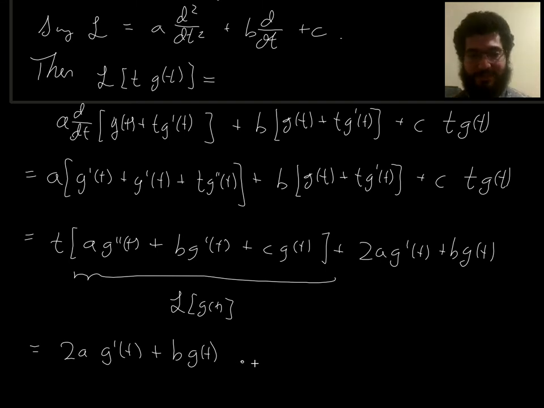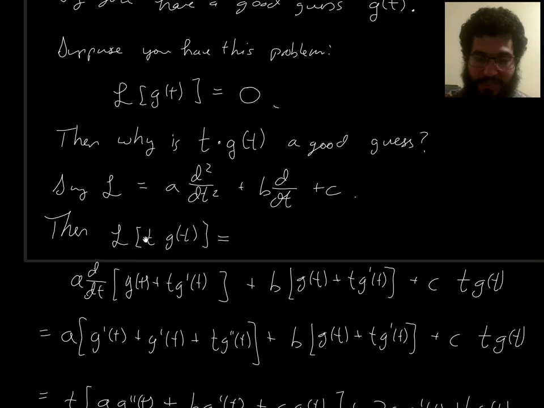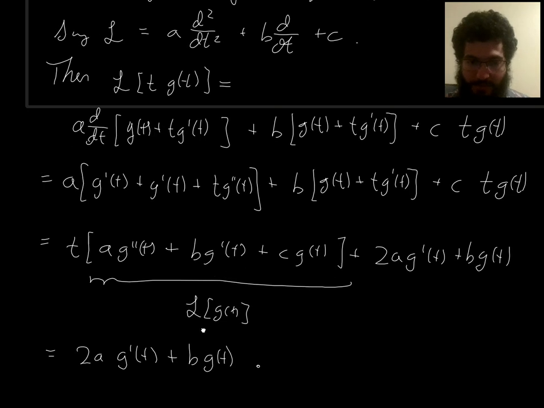This is really good. So, okay, I mean, it could be that this is also 0, in which case you would have to iterate the procedure and continue multiplying by t's, like try t squared, g of t, and so on, until things work out.